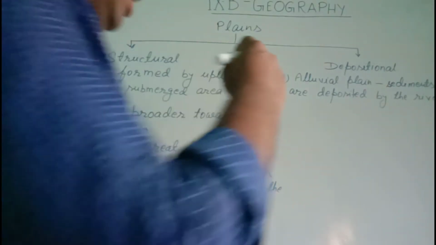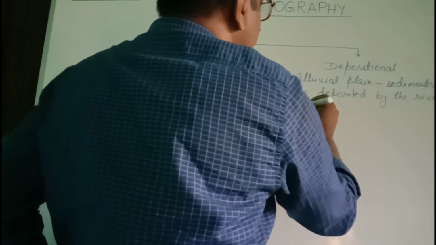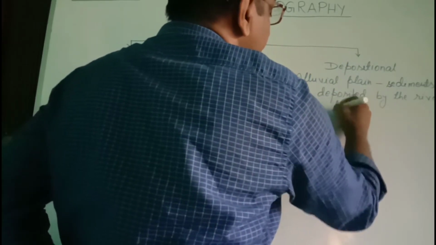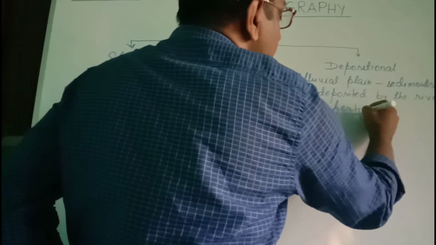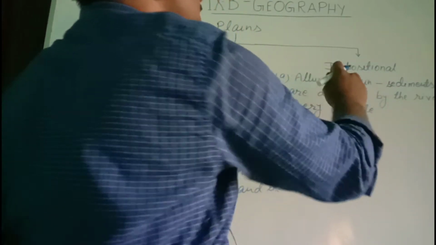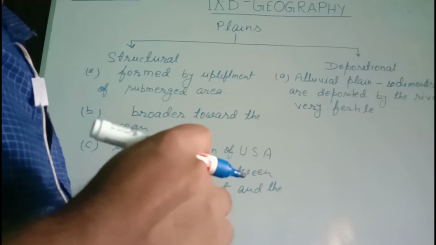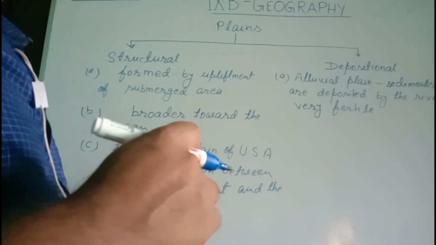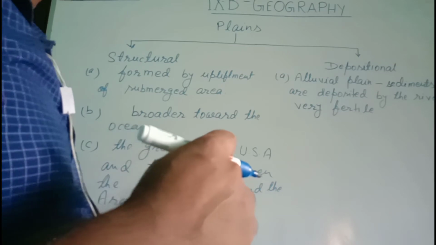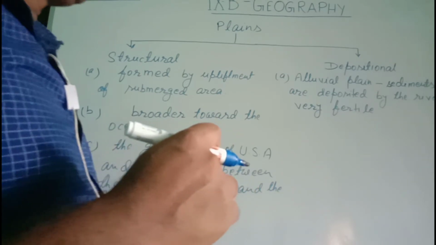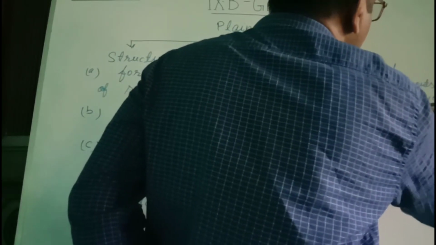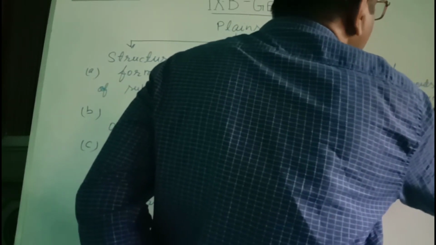That kind of plain is very fertile, because this alluvial soil is very fertile soil, and this kind of soil is rich in humus. So alluvial plain is very fertile and good for cultivation.